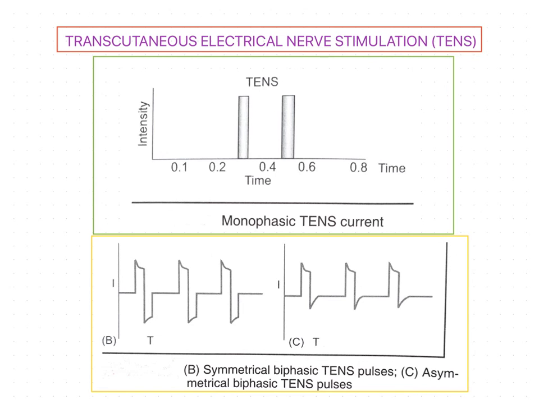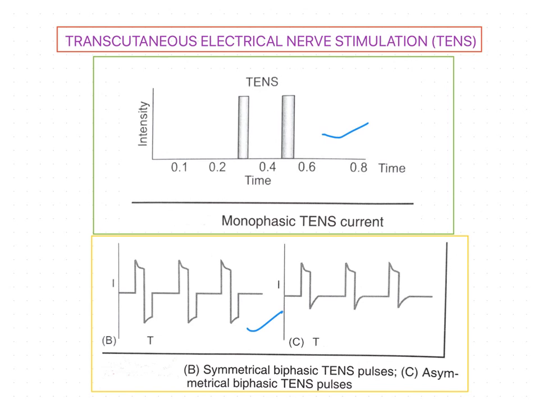This is the application of pulsed rectangular currents. Here you can see the pulsed rectangular monophasic. So this one is monophasic, and here you can find the biphasic.